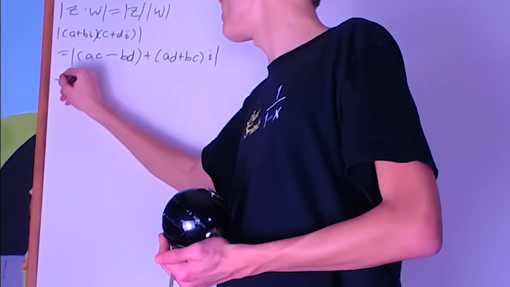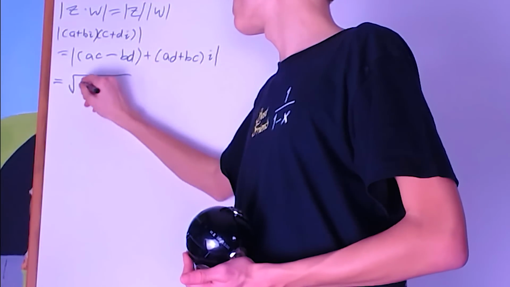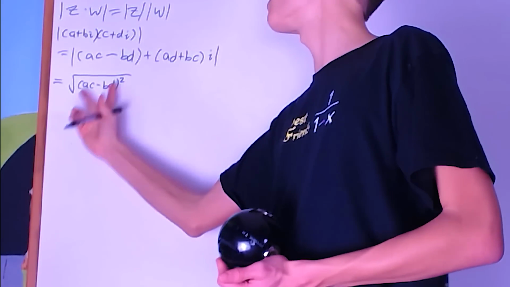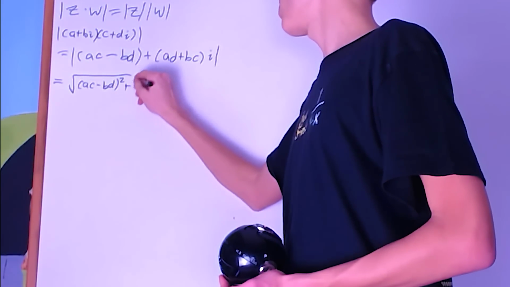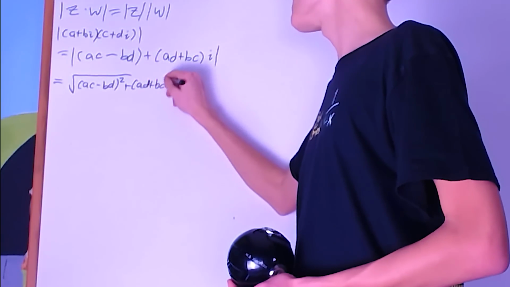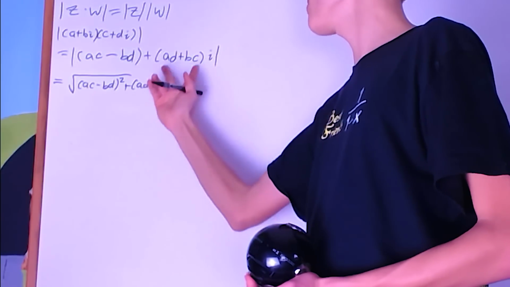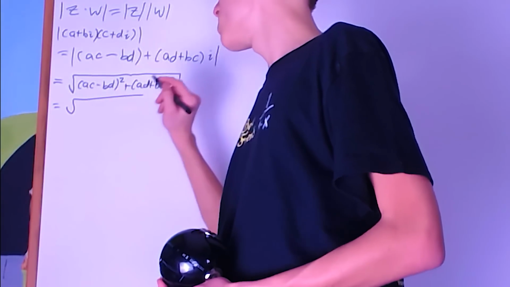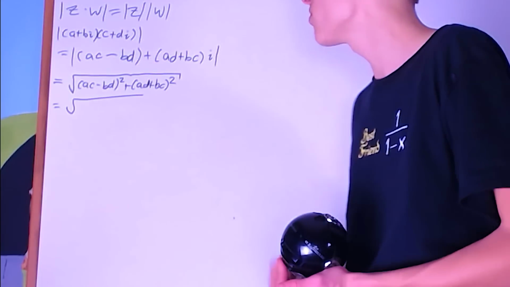Alright, let's use the definition of the magnitude. We have the square root of (ac minus bd) squared. This is the real component, plus (ad plus bc) squared, the imaginary component. Alright, this is then equal to the square root of, let's just do foiling.